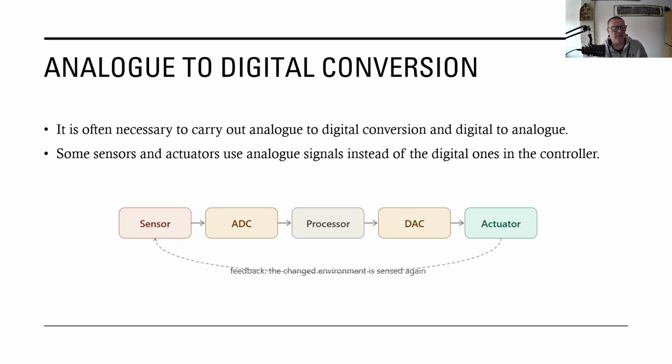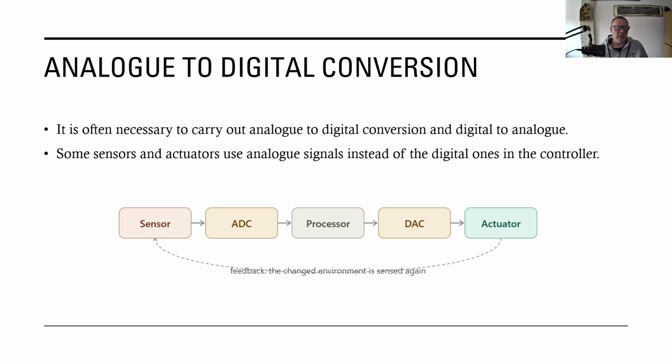It's often necessary to carry out a conversion between analog and digital signals in these kinds of control and monitoring systems, especially the control system here, where you need to actually control devices. Your inputs may be analog, and your outputs may be analog, and you need to do conversions along the way.